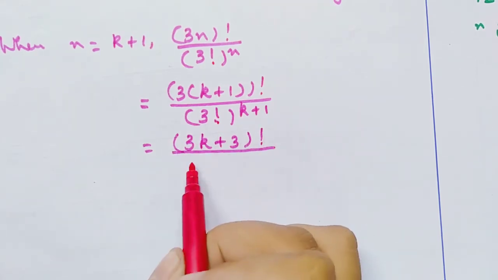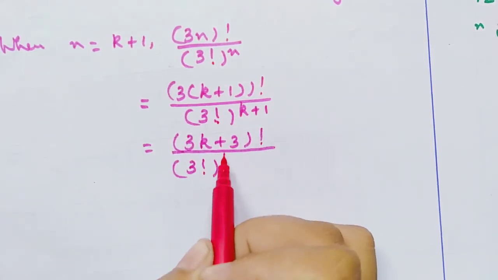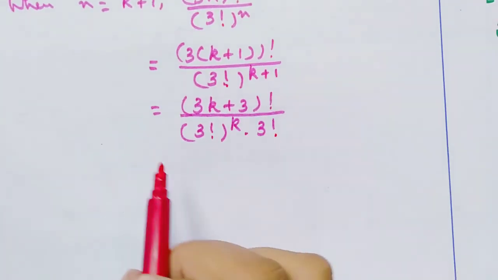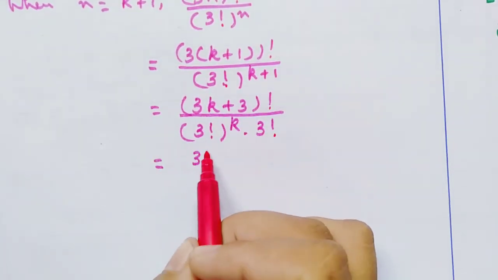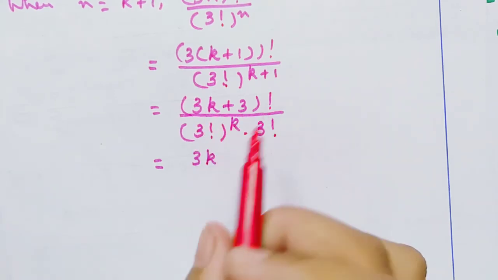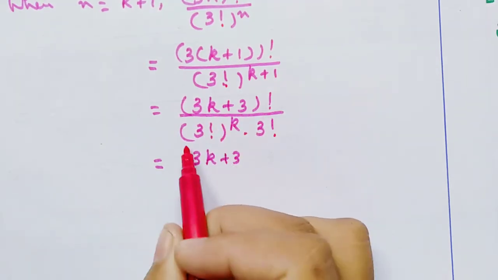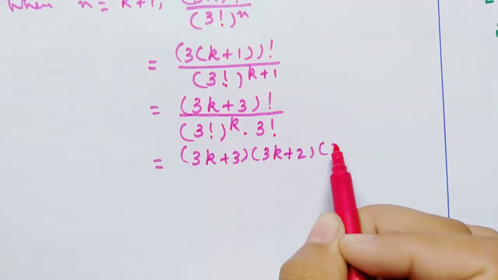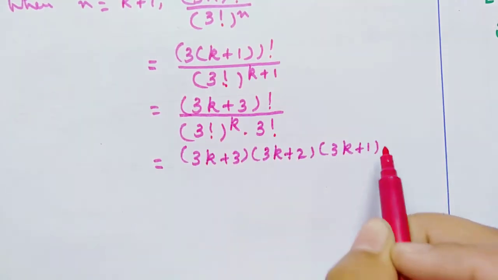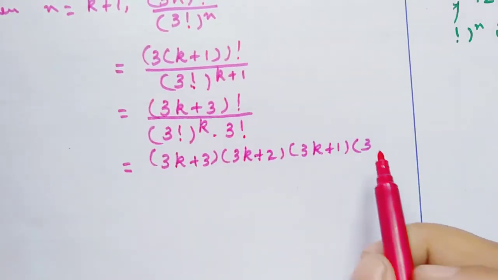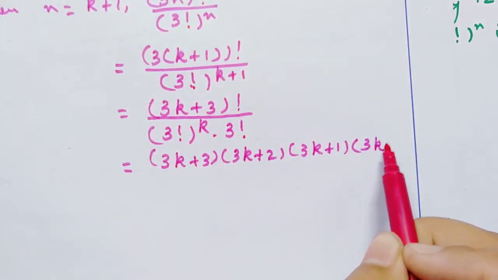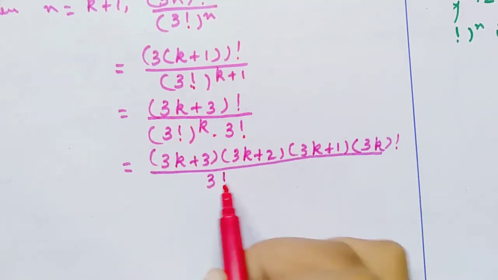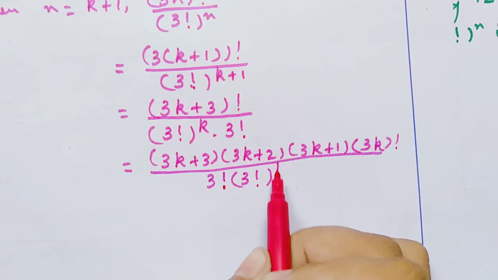In the denominator we have (3!)^k into 3!, okay? And here (3k+3)! means (3k+3) into (3k+2) into (3k+1) into (3k)! divided by 3! into (3!)^k.